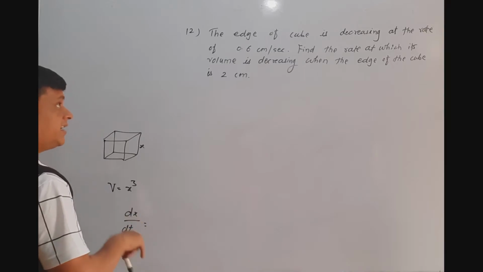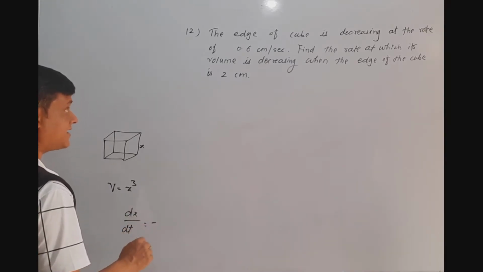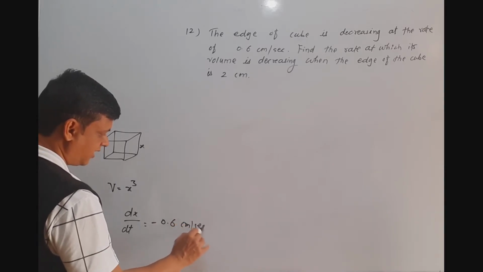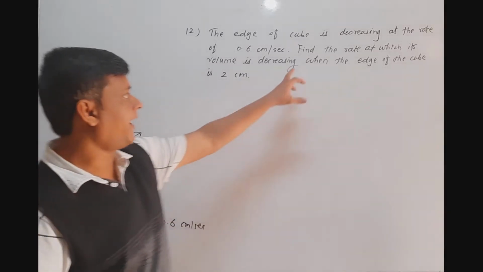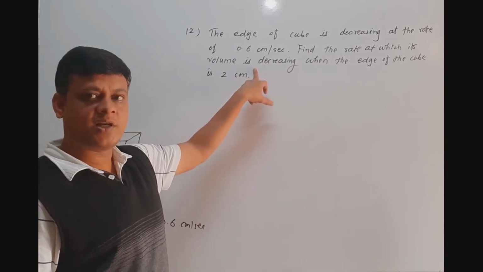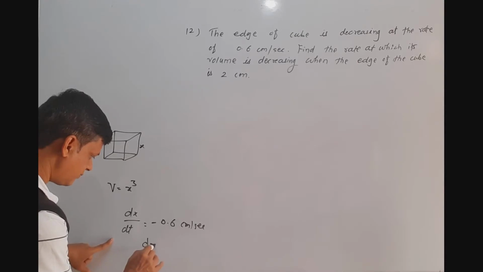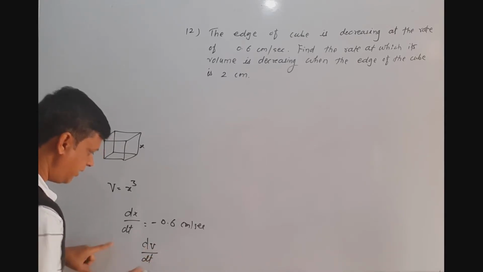Now x is decreasing, so we have to take a minus sign, so minus 0.6 centimeter per second. Then find the rate at which its volume is decreasing. We have to find dV by dt here.